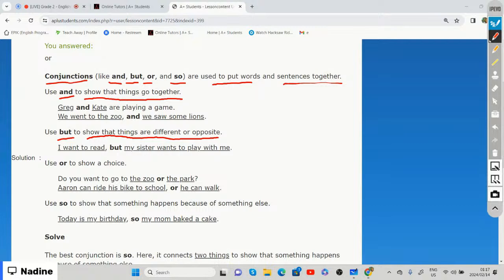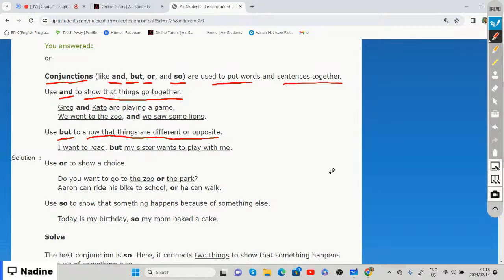We use or to show a choice. It's either this or that. And we use so to show that something happens because of something else. And that is our conjunction.